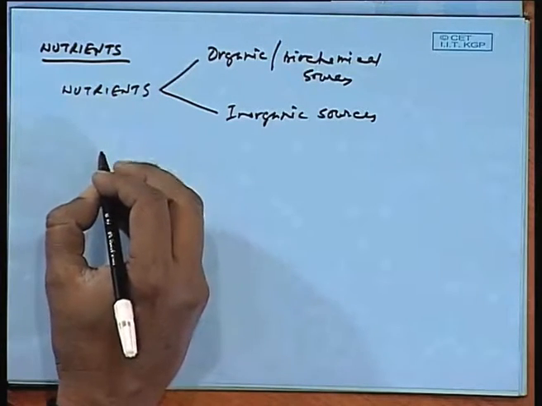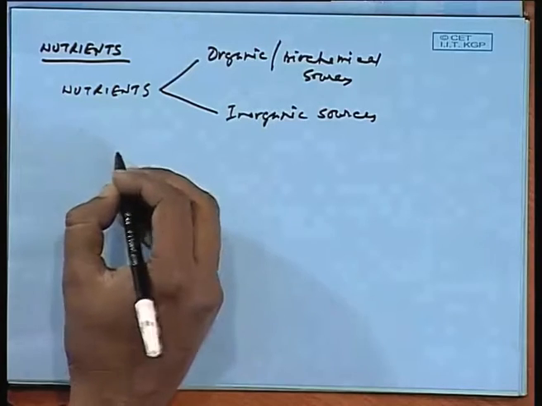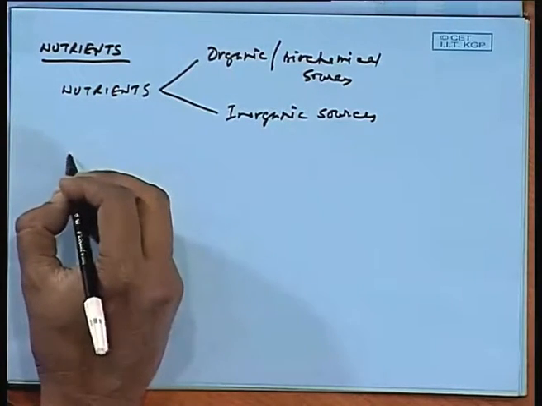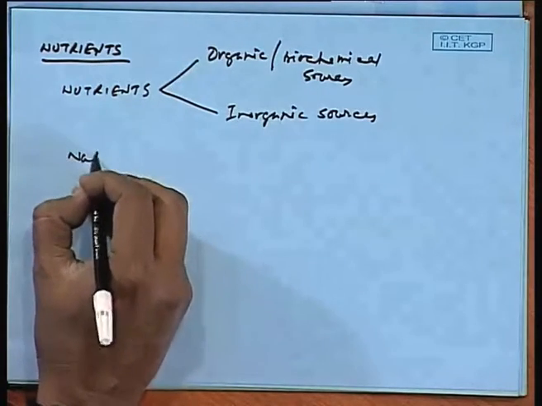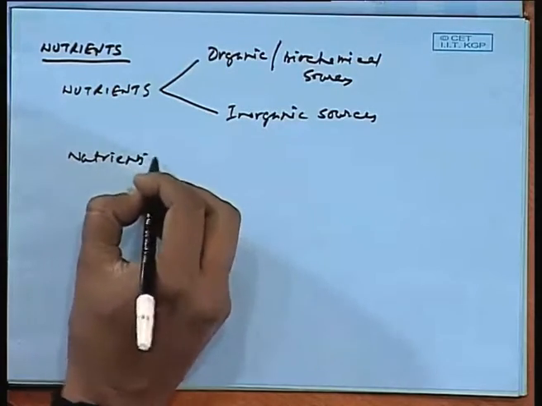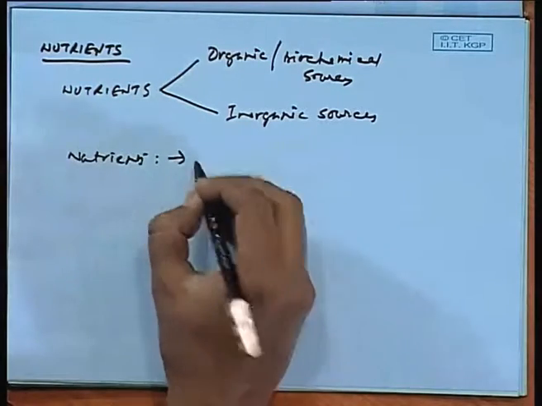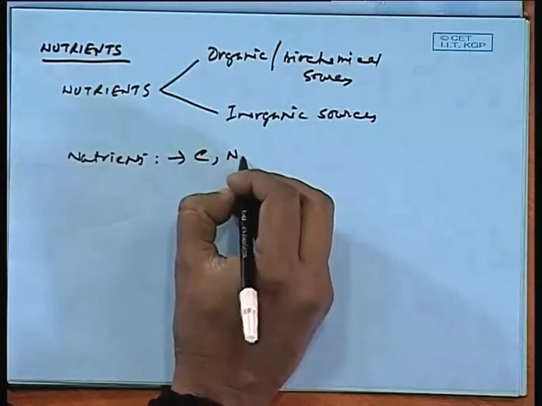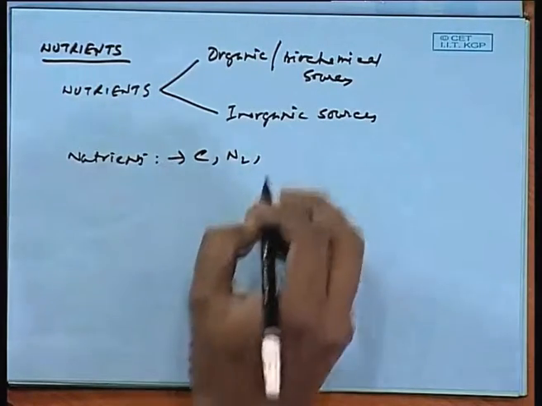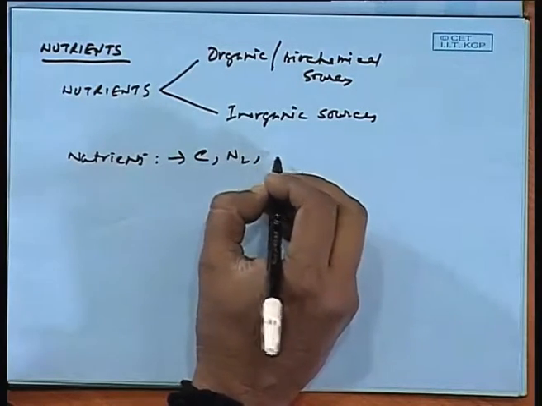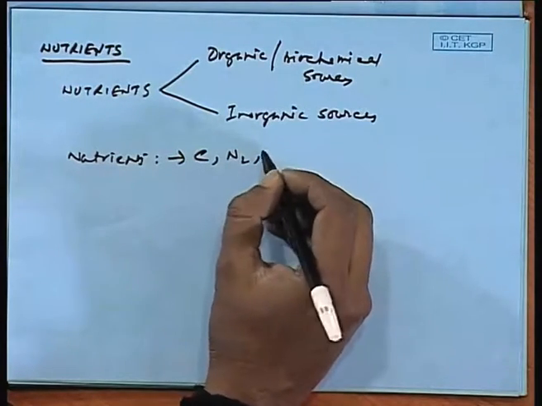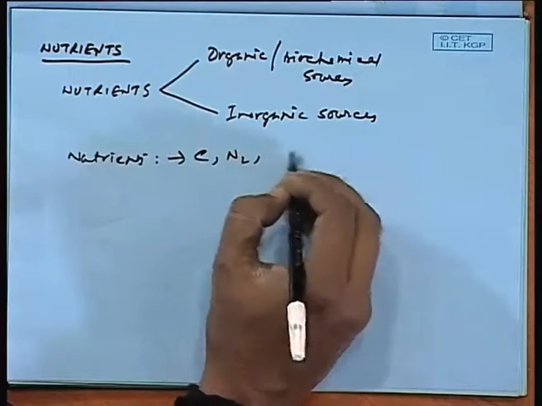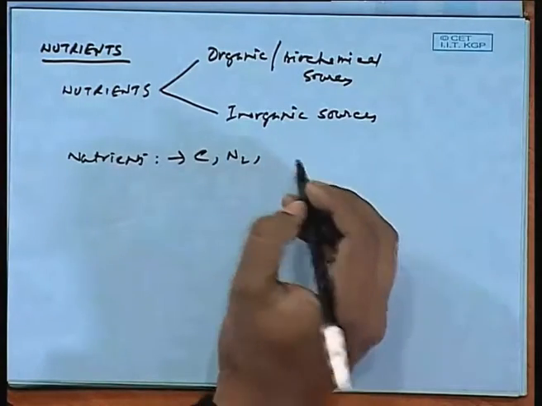Mostly, many of the nutrients, specifically carbon and nitrogen, you would require. We will not consider hydrogen as such because it is a constituent from the water.